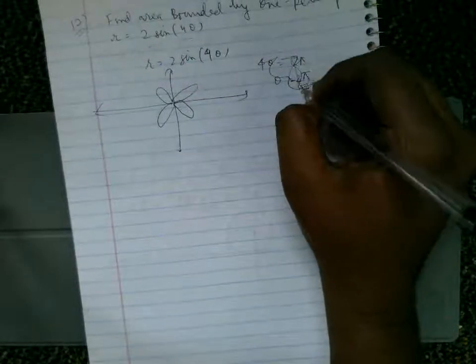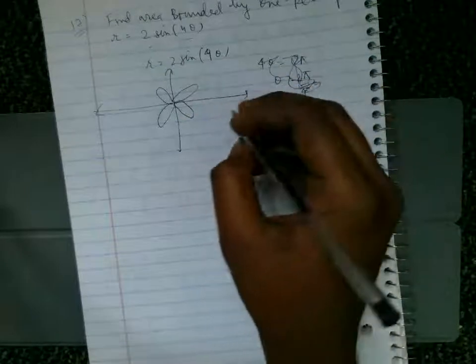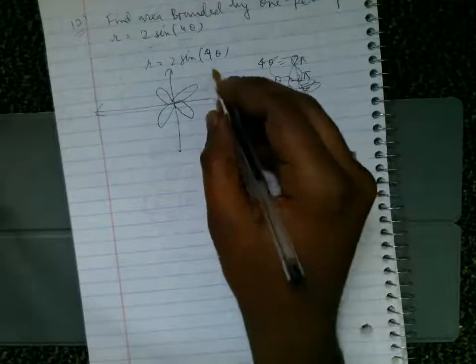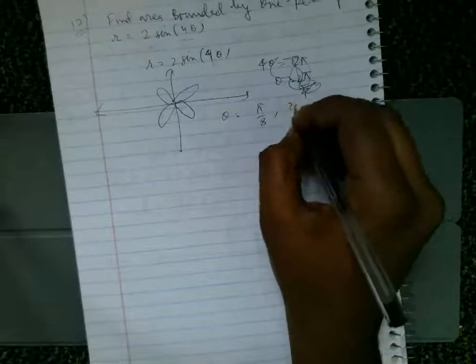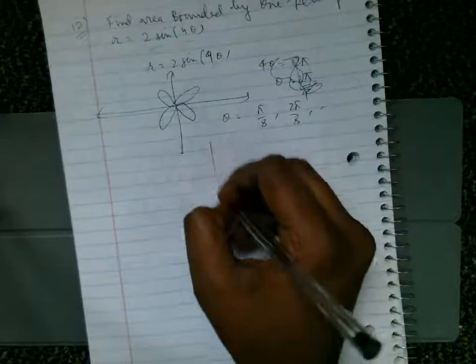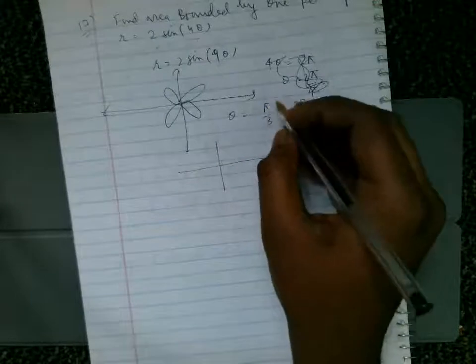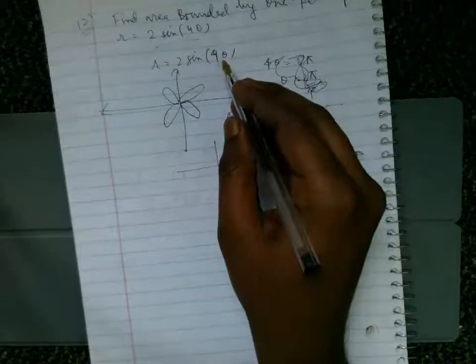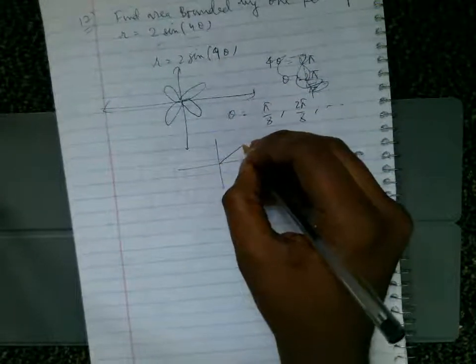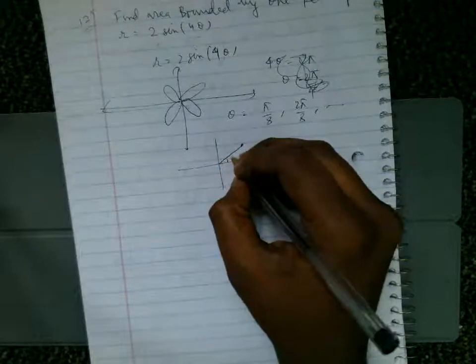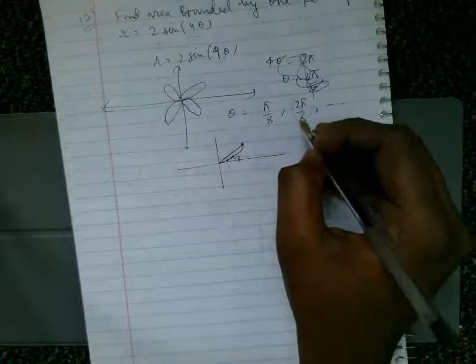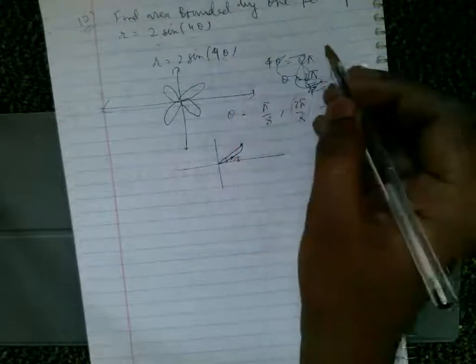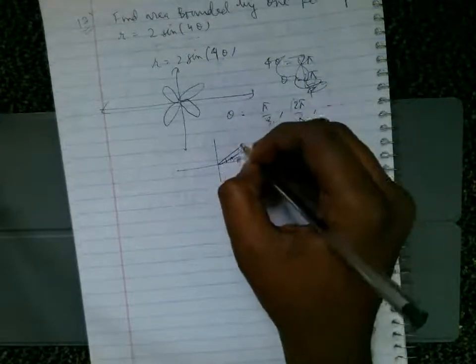So as a matter of fact, all you need to do is look at the values of theta at pi by 8, 2 pi by 8, and so on. When you substitute theta is equal to pi by 8, you get sine pi by 2, which is 1. So at angle pi by 8, it reaches its maximum value, and at angle 2 pi by 8, when you substitute, you get 8 pi by 8, which is pi, sine of which is 0.